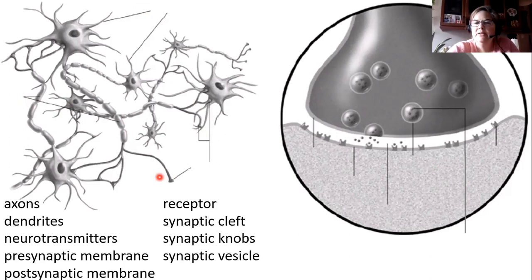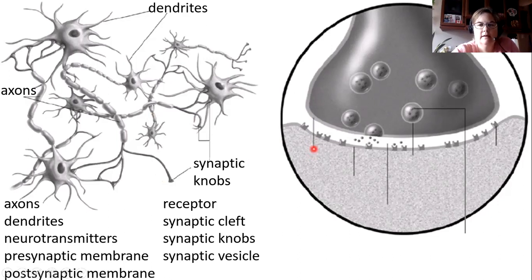Okay, so now let's look at the image here to the right. Looking at the word list, what's this line pointed at? Since we've already chosen synaptic knobs, this one here is actually pointing right to this surface right there.